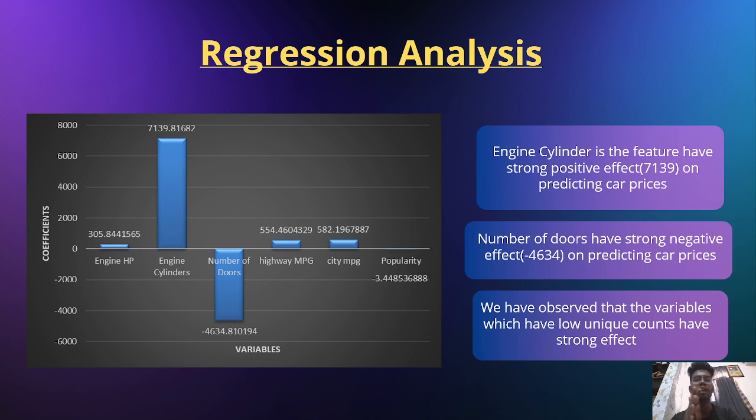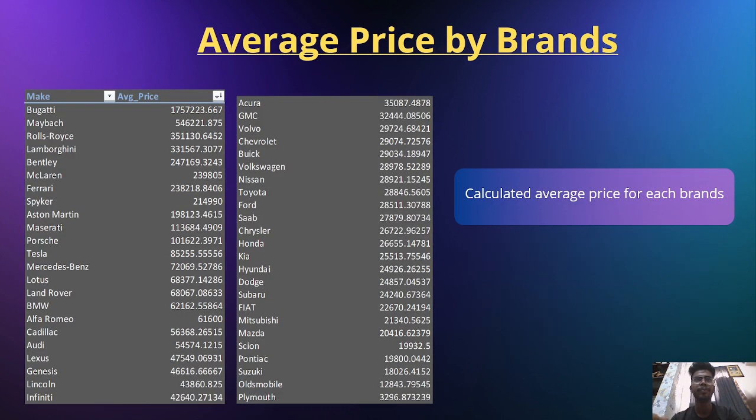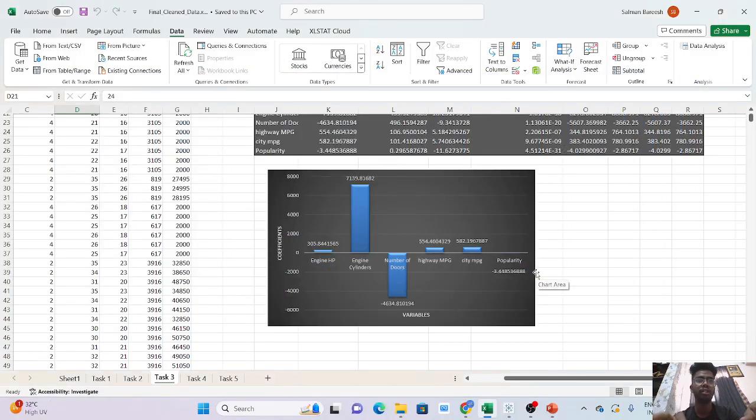The number of unique counts in engine cylinders is 4, and in number of doors it is 3. So the number of doors and engine cylinders are the important features used in predicting the car price.